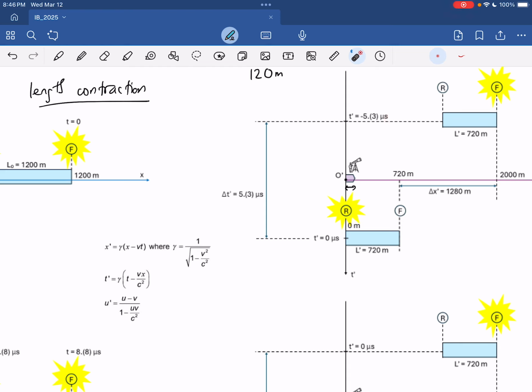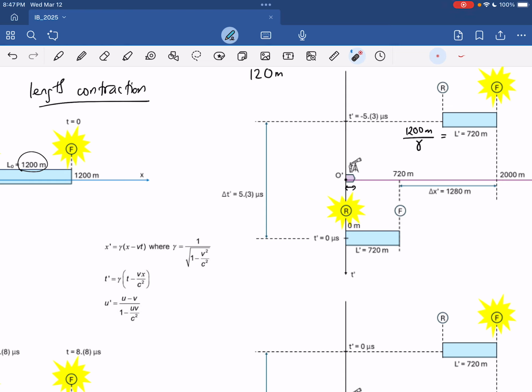Clear, right? And again, the space station's proper length is this much. So the length should look shorter by that gamma factor. And that's why you can see that the space station just looks as if it's just 720 meters to the one on the spaceship. It's just shorter, okay?